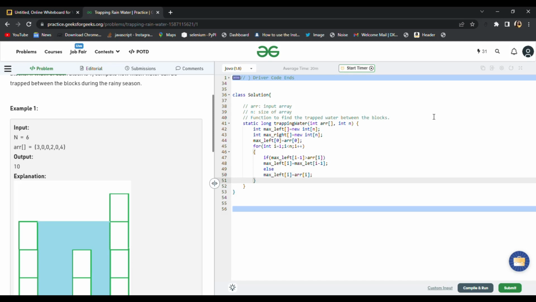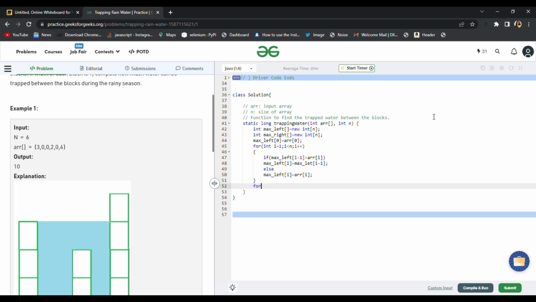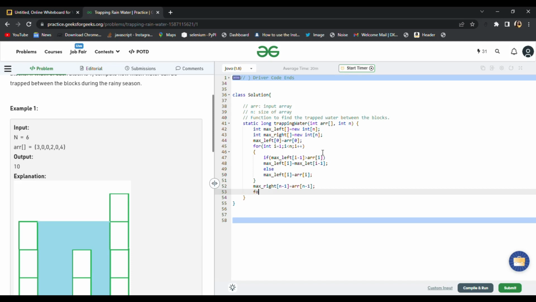So we are done with max left initialization. Now I'll proceed with max right initialization. As we know that max right array needs to be populated from right to left. So we need to initialize the n minus 1th index of max right with the n minus 1 index of the array which is already defined.